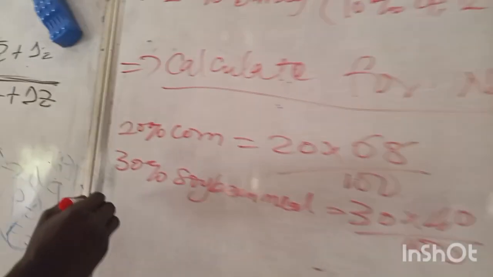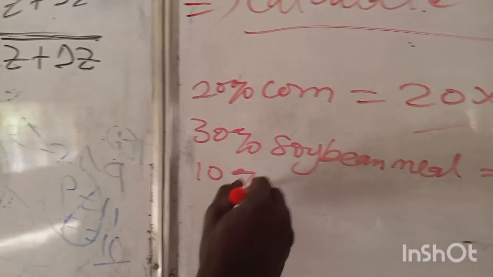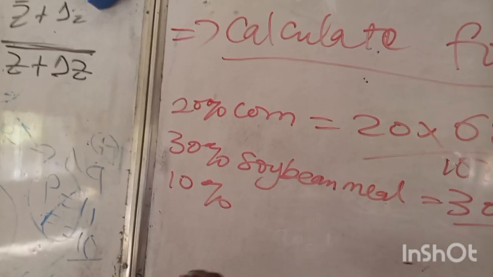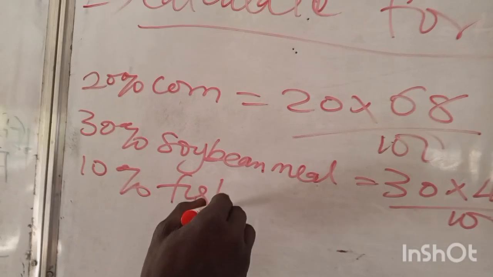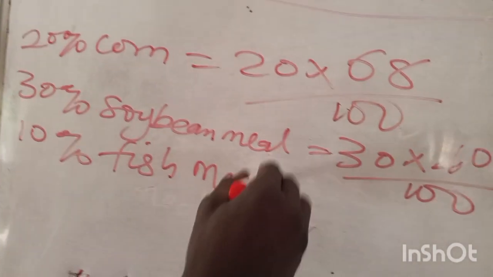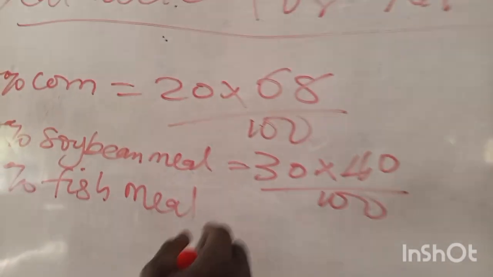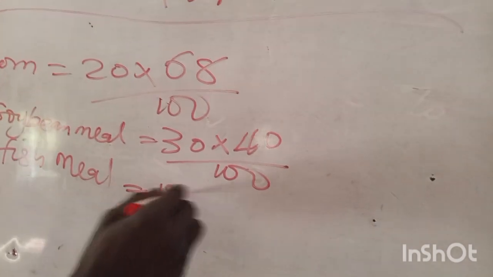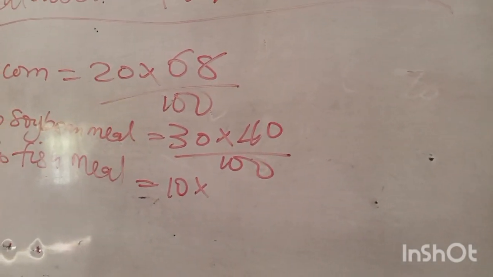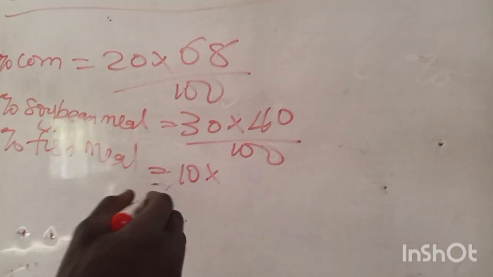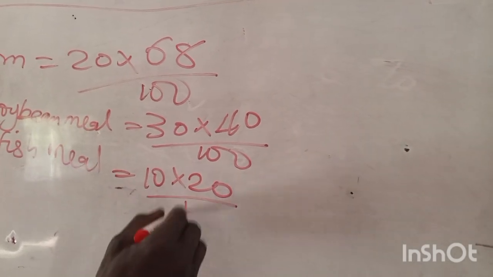Then we come back to what? 10% fish meal to be equal to 10 times our fish meal is what? 20, right? 10 times 20 divided by 100.